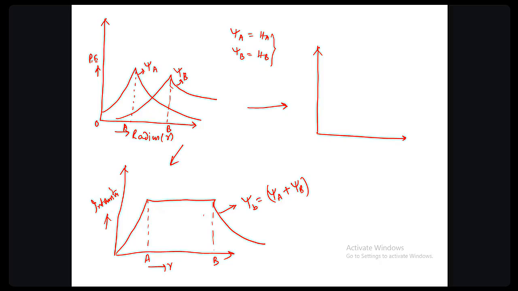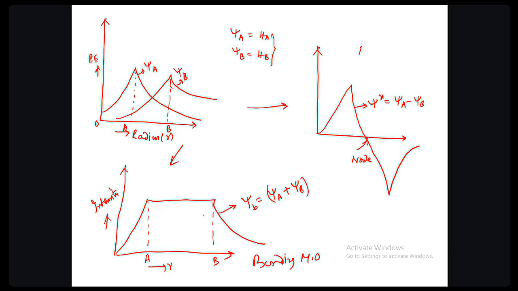If this wave function is this, and this wave function is like that, and this is psi star, then we can say psi star equals psi A minus psi B, because both have a symmetry difference. And this is the node. You see the node. So this is the bonding MO, and this one is the anti-bonding MO.